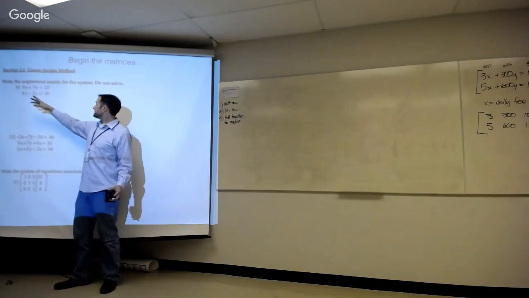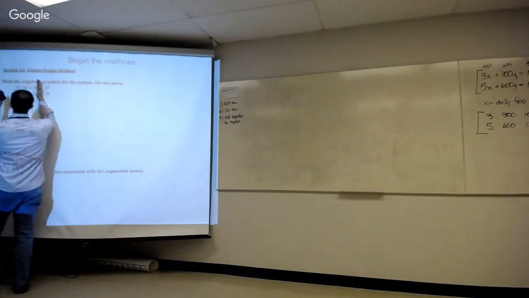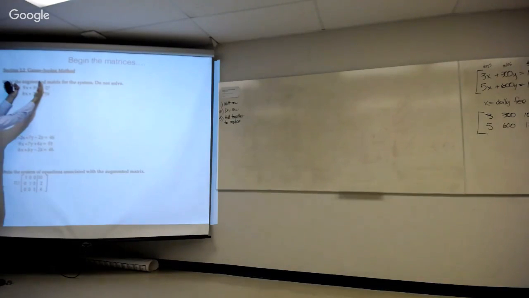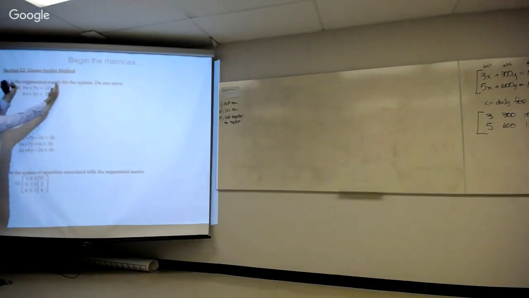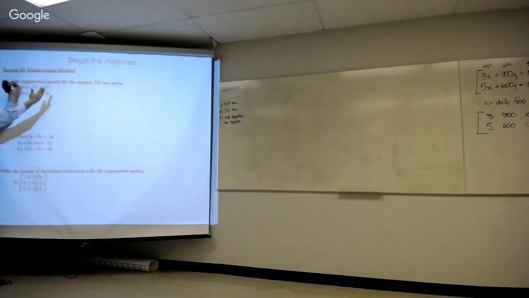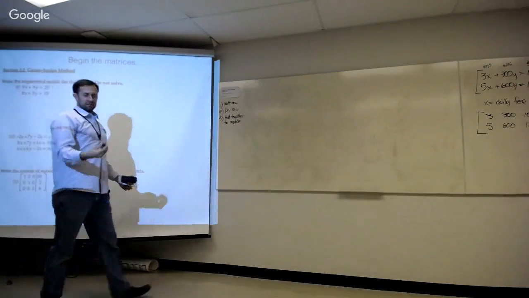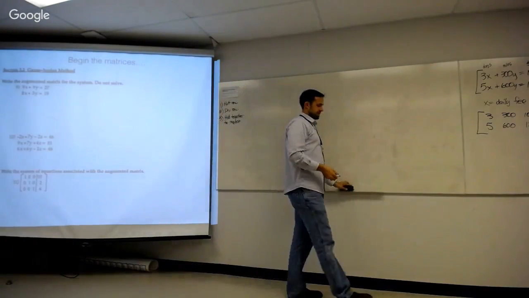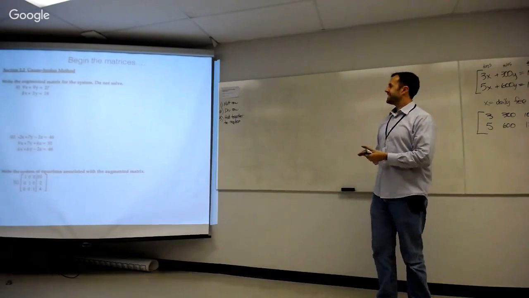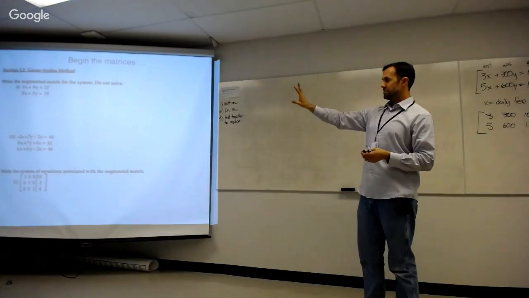Augmented means you're not just, for instance, what if your matrix was just 9, 9, 8, 3? That would be a non-augmented matrix because you weren't looking at what the answer was supposed to be. You're just looking at the variables. But no, we're always looking at what the answer needs to be. So what we're doing is always the augmented matrix. Until section 2.5 when we don't look at the augmented matrix. Okay, so number 9, number 10, no problem.